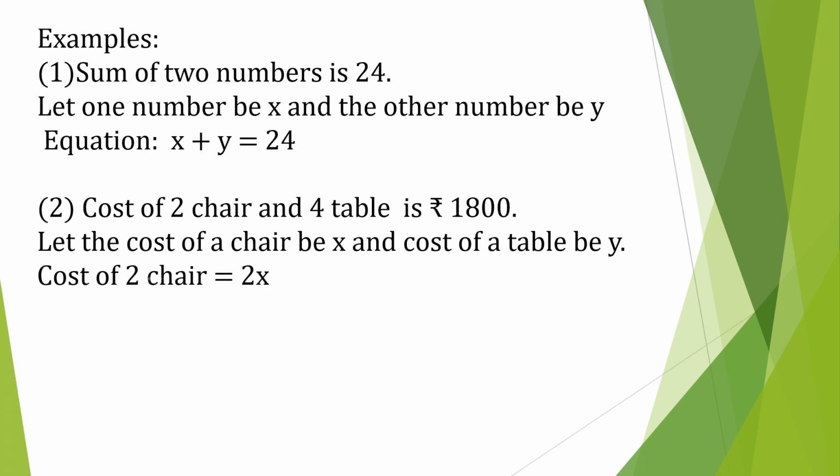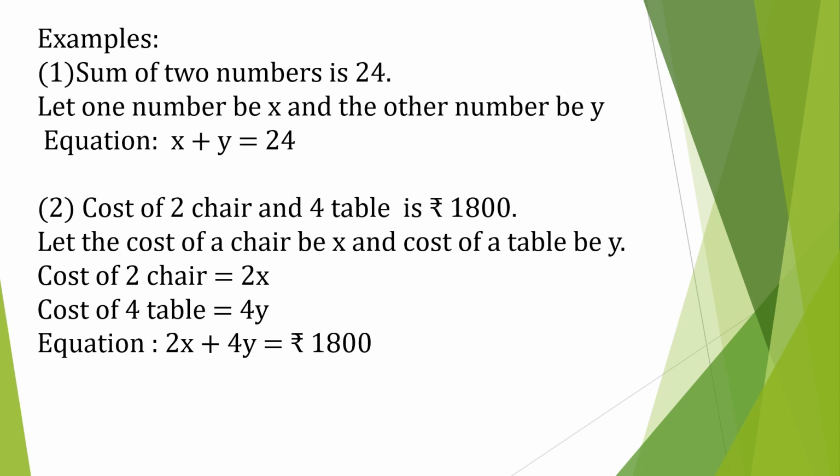Here we have two chairs, so the cost of two chairs will become 2x and the cost of four tables will become 4y. Now what is the given statement? Cost of two chairs and four tables is rupees 1800, this is our condition. So your equation will become 2x plus 4y equal to rupees 1800.